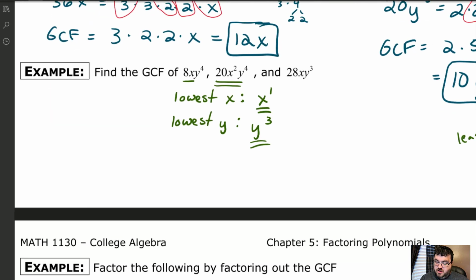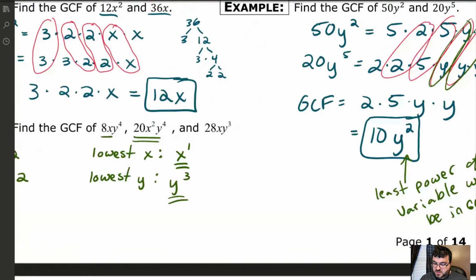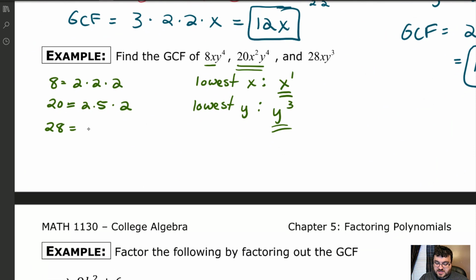And now we just need to figure out the GCF for the number part. 8 is 2 times 2, that's 4 times 2. 20 is 10 times 2, and 10 is 2 and 5, times 2. And then 28. Did we break that one down somewhere else? I don't think we did. So 28 is 4 and 7, 2 times 2, that's 4, times 7.